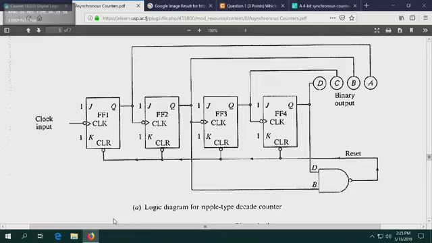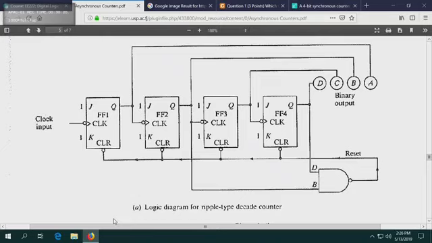Follow the clear line. When does the clear line activate?